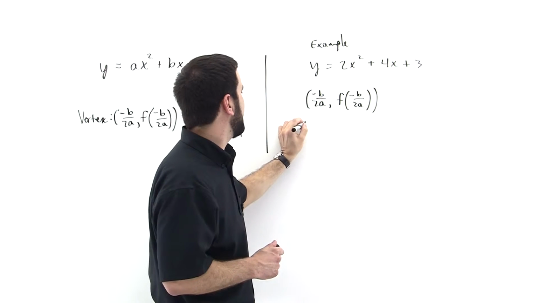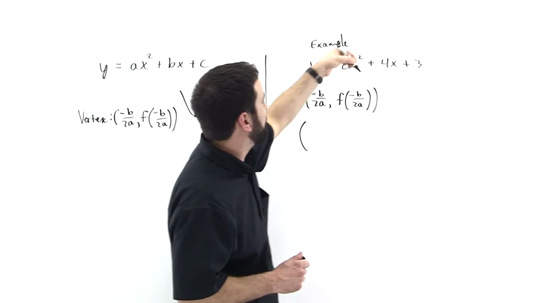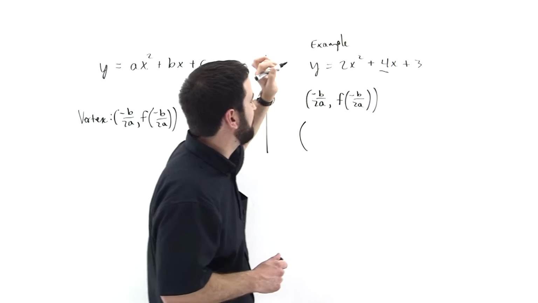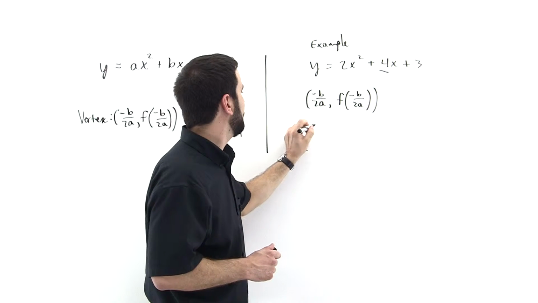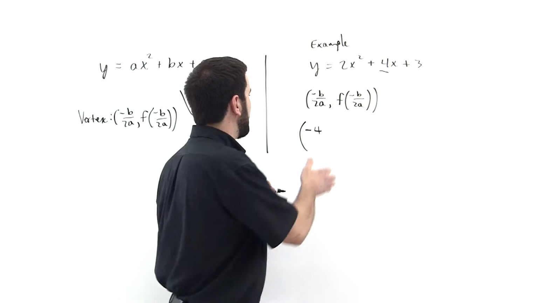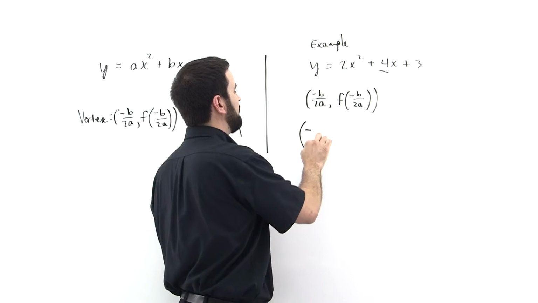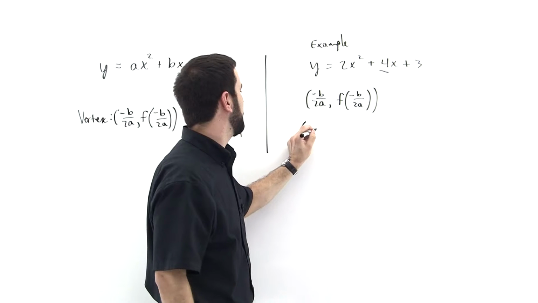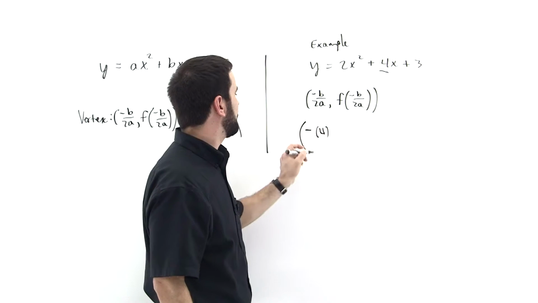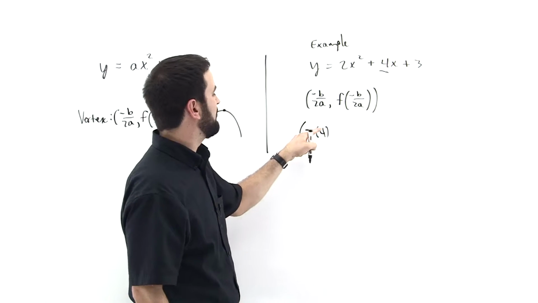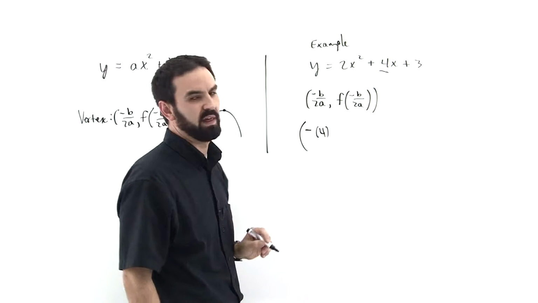So negative b is equal to positive 4, right? This is b here. So we have negative 4. And a good idea is to take these numbers, and whenever you put them in here, put them in parentheses, because sometimes this number right here will be a negative number, and then that negative will cancel that negative.